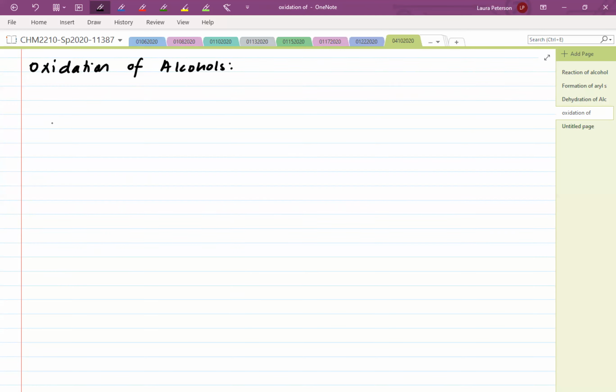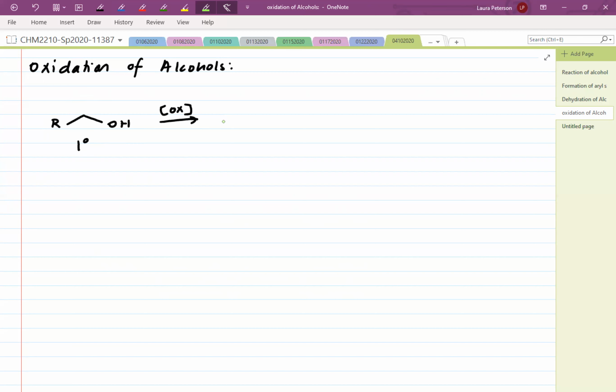So first I want to look at a primary alcohol, and I want to do the oxidation. In oxidations, I basically am going to remove hydrogen or add oxygen. So thinking about the structure of our primary alcohol, we have these two hydrogens that could be removed as we go through oxidation.